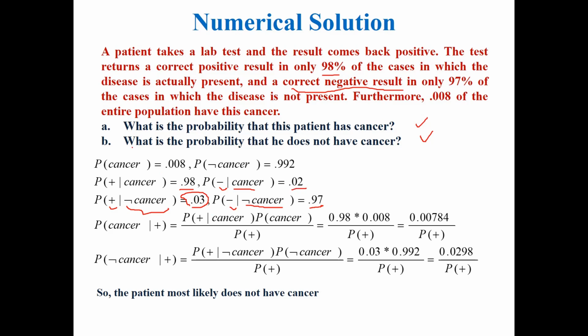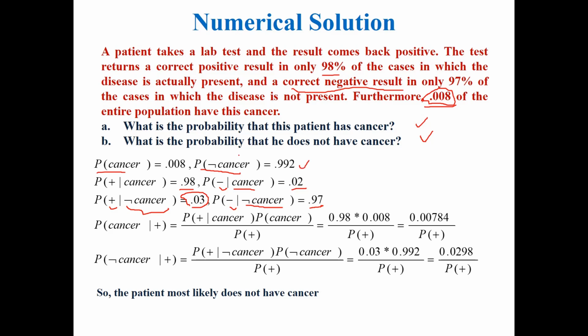So we need to understand what is given in the problem. This is actually the fact given, that 0.008 of people have this cancer. So the probability of cancer will be 0.008. So the probability of not having cancer will be 1 minus 0.008, which is equal to 0.992.